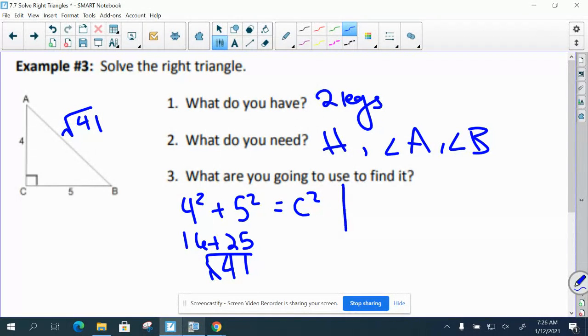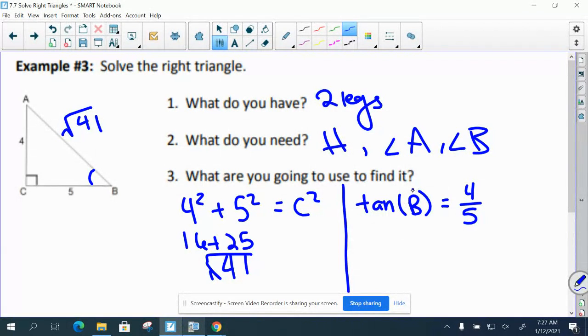Okay, now to find angles A and B, we would use the inverse trig functions. So let's start with angle B. I would use the tangent because we have opposite over adjacent. So let's say that the tangent of B equals 4 over 5. Now to solve for B, we would take the inverse of both sides.